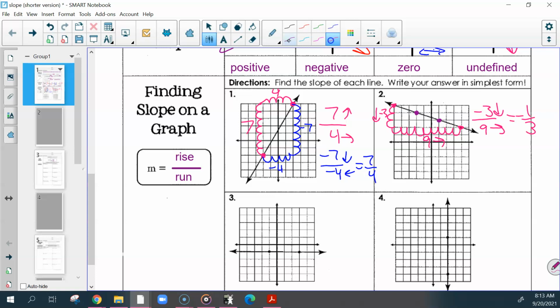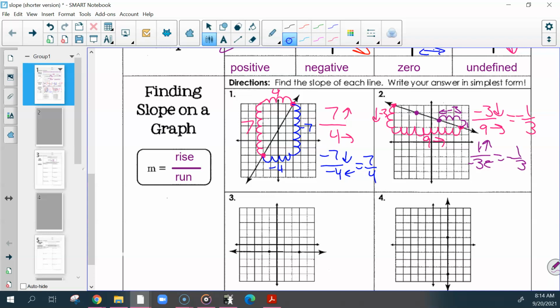If, let's say I just saw these 2 points first, and I was reading right to left, I would go up 1, and to the left 3. I would still end up with that negative 1/3 either way.